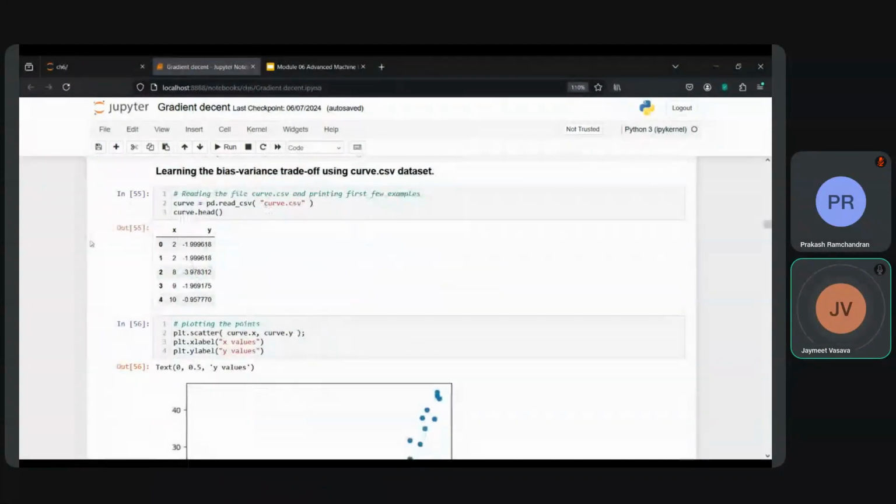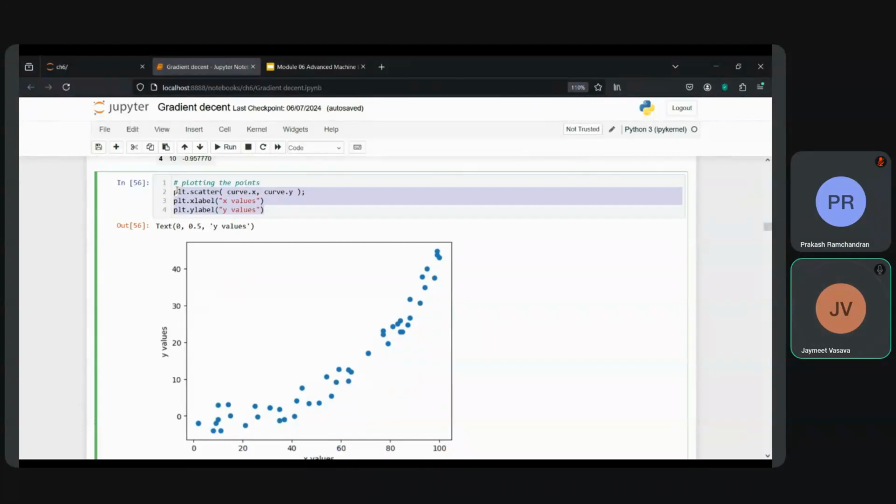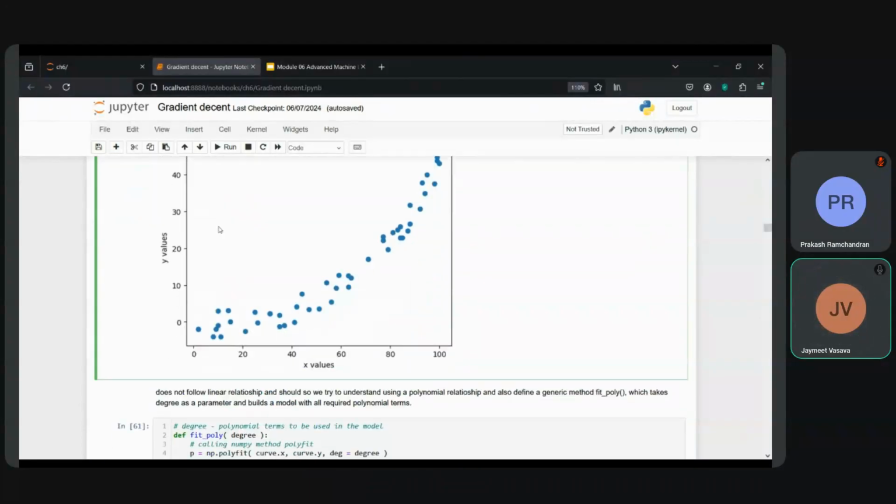Then learning. As we discussed, there is a trade-off between bias and variance. In order to understand this, we used another data set called cow.csv and plotted the values using a scatter plot, and by the looks of it, we understood that it's not a linear relationship.